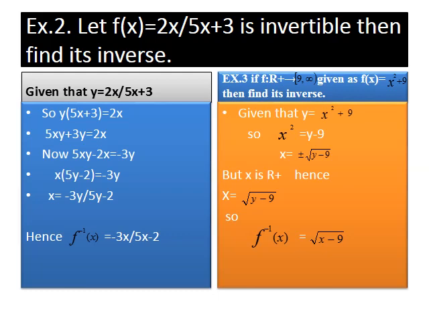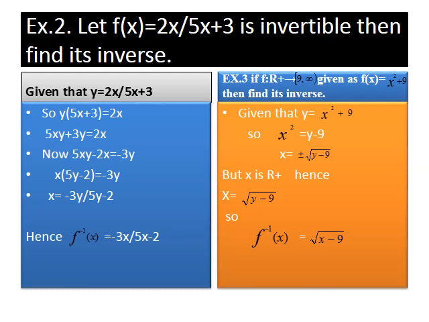Okay everyone, now the third example, it is a very important example. You have to just see, such types of questions are important. Okay everyone, so these are the simple steps. As you know very well, first of all we write y equals x square plus 9, and after that x square equals y minus 9. So x equals plus minus under root of y minus 9. So we have to put x as f inverse x and y as x.